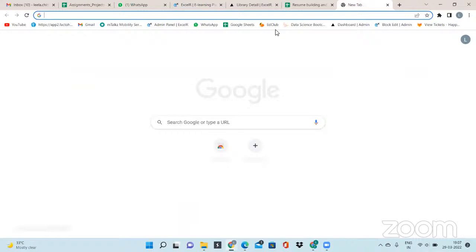When you click on sign in, give your registered email and the password you have set.